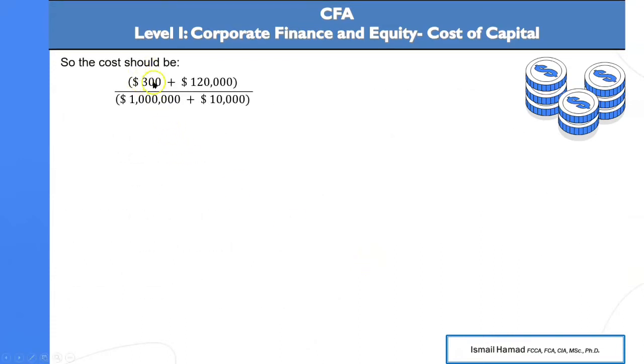This is the $300 I pay on the debt, and this is the 120,000 I pay on equity. This is the value of the equity plus the value of the debt. That is the total finance provided by equity and debt. If we divide this, we'll get a figure of 11.91%. This is the average cost of capital.